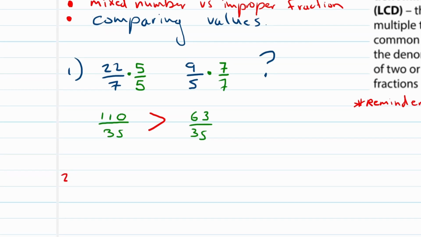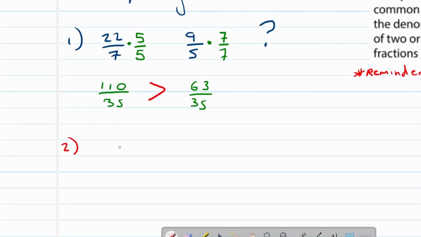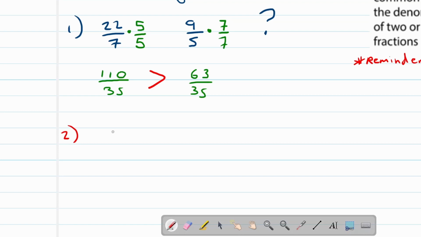Let's look at a second example just quickly. I'll take an easier one. Let's say 3 over 4, which we know is 0.75. And something like, let's say, 4 over 6. Which one is bigger? Our strategy again will be to look at our lowest common denominator.